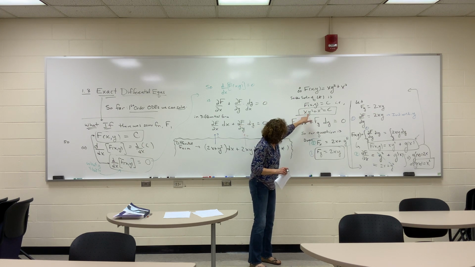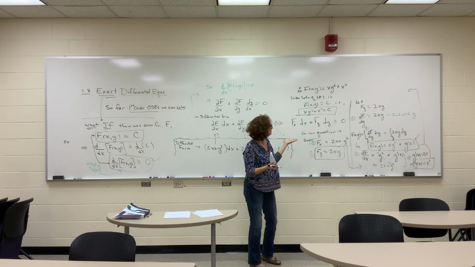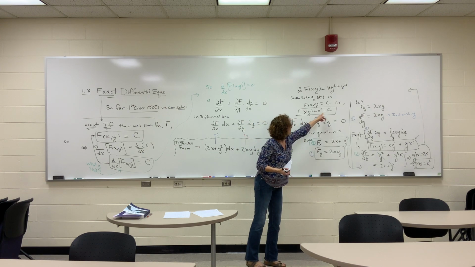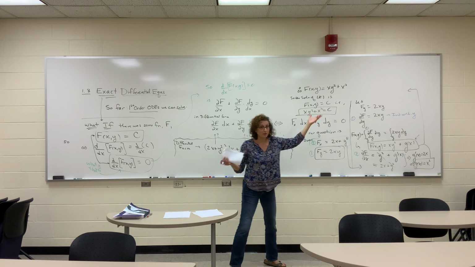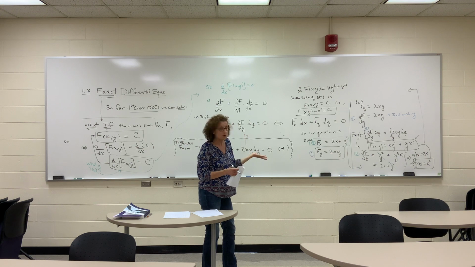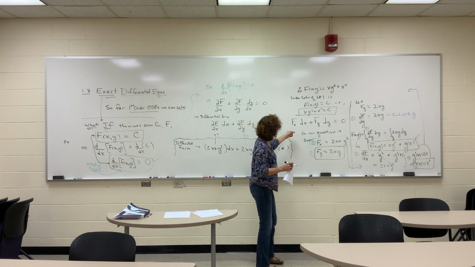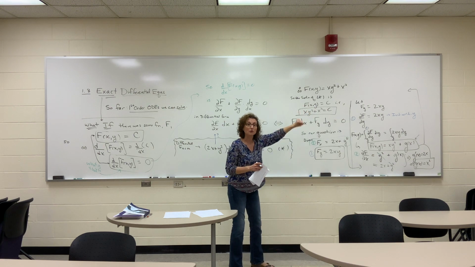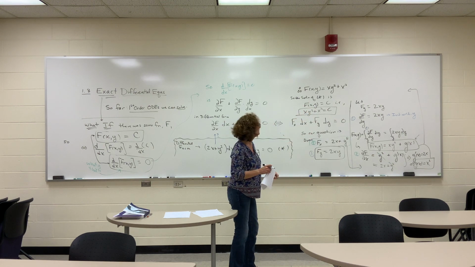You can't solve this guy for y without a plus or minus, right? Okay? You have to bring this across, divide by x, and if you solve for y, then you're going to have plus or minus. And then if you get an initial condition, depending on where that initial condition is and whether y is positive or negative, you got to pick one of those two solutions, the plus or the minus, right?